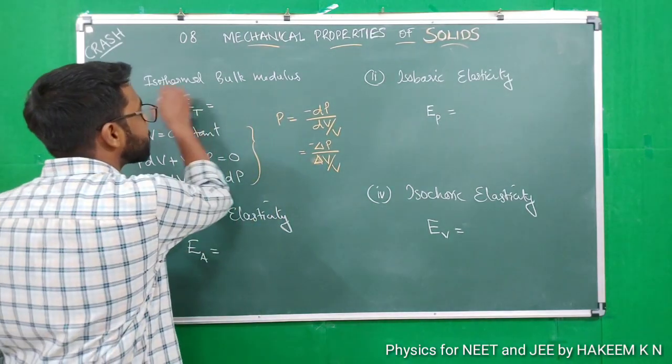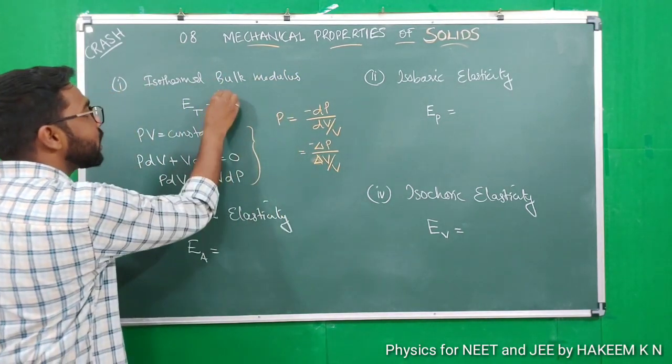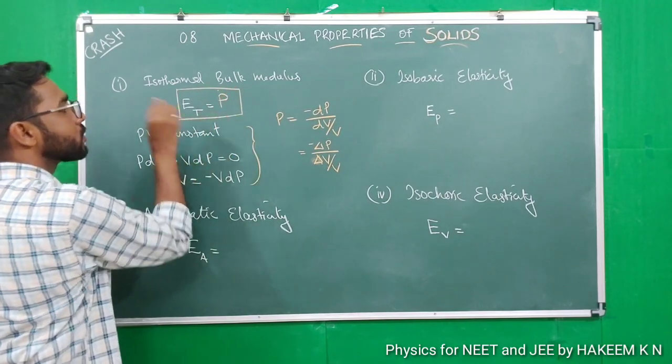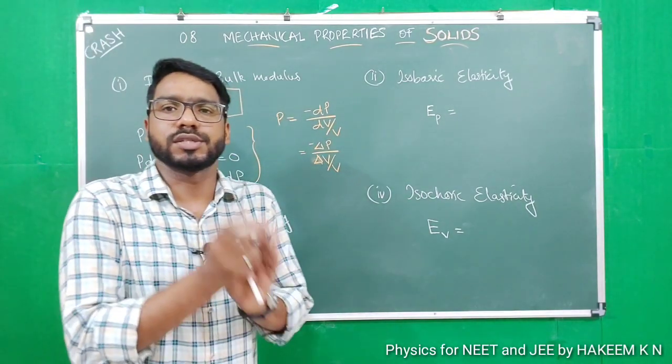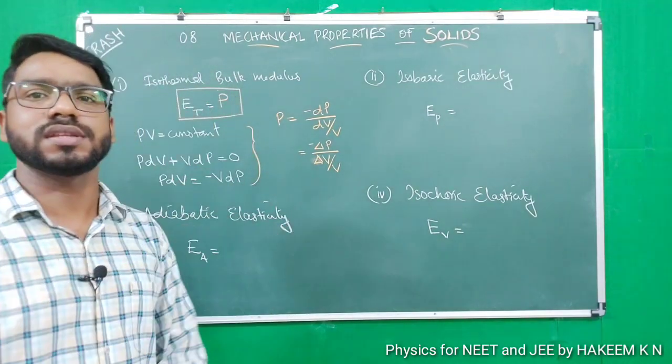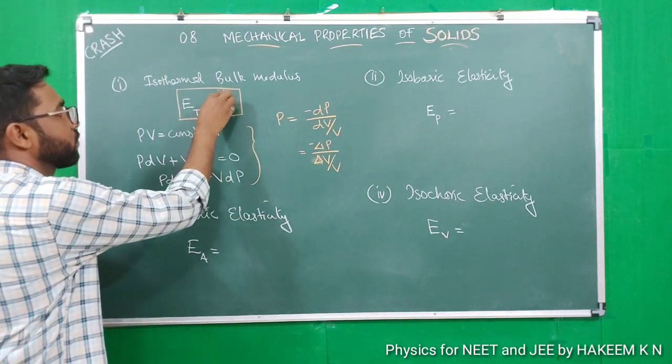So we can say isothermal bulk modulus or isothermal elasticity is equal to pressure.